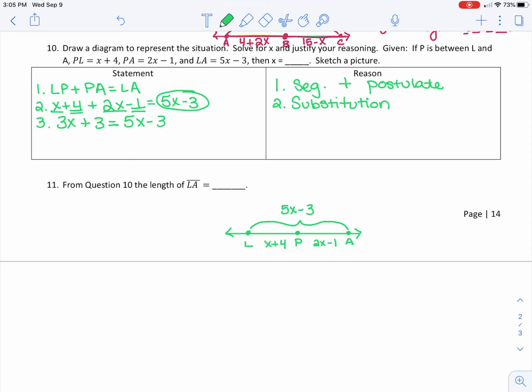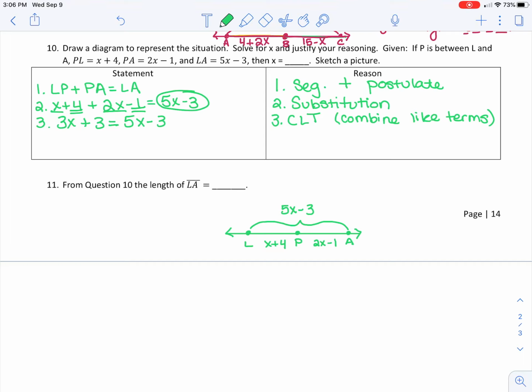Okay, and we could go from 2 to 3 by combining like terms. I also abbreviate combining like terms to CLT. Or you can definitely write out combine like terms. It is completely up to you.